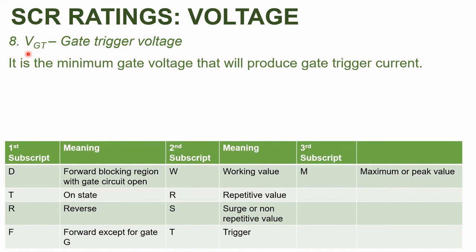That means if we apply the voltage equal to VGT to the gate with respect to cathode, then that is the minimum gate voltage that will produce the gate trigger current, or the current required for triggering the SCR by means of gate triggering. We have already seen G is used for gate and T, if it's second subscript, then it is used for trigger. That's why gate trigger voltage.